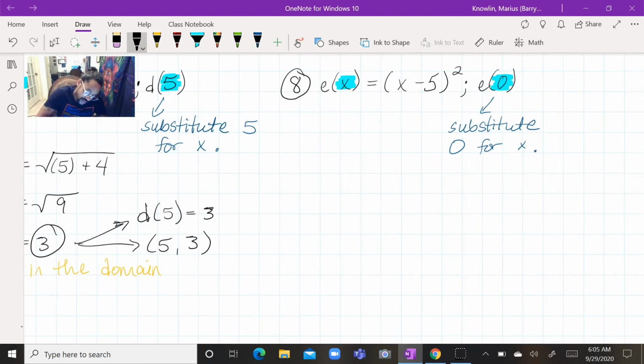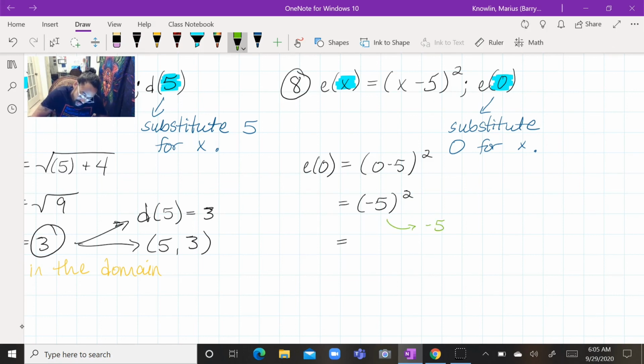So when we do that, this is going to be e of 0 equals 0 minus 5, and then that answer is squared. Well, 0 minus 5 is negative 5. And when you square negative 5, that really means negative 5 times negative 5, which is positive 25.